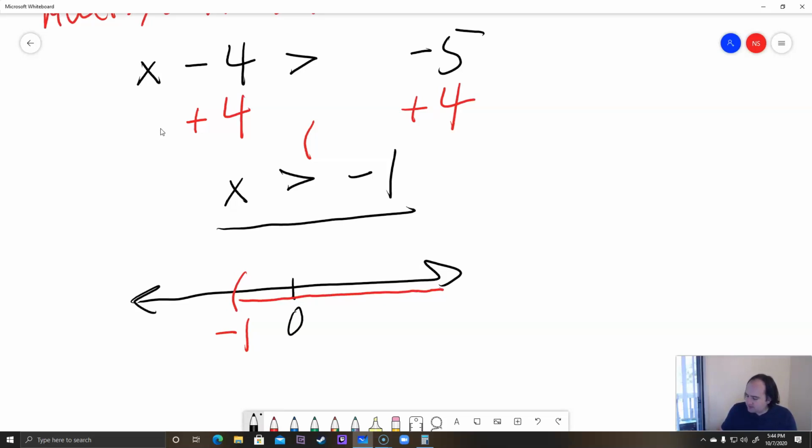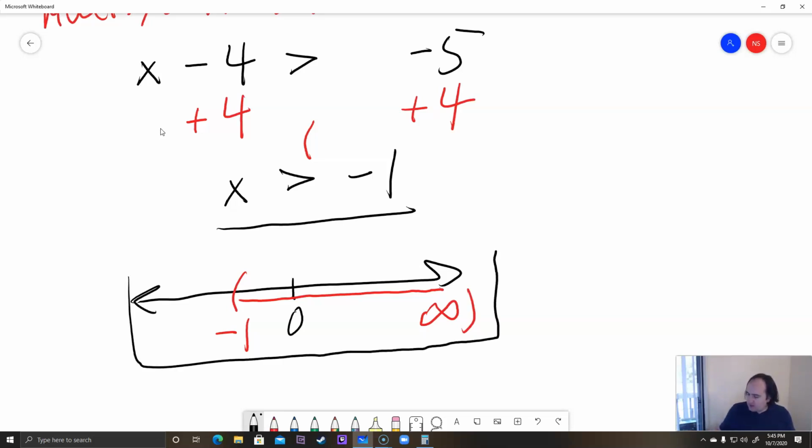On the right side of our graph, the arrow going to the right is positive infinity. And we're always going to use a parentheses for that. So for our graph, here we have parentheses, -1, and then the graph goes to the arrow to the right, which is going to positive infinity.